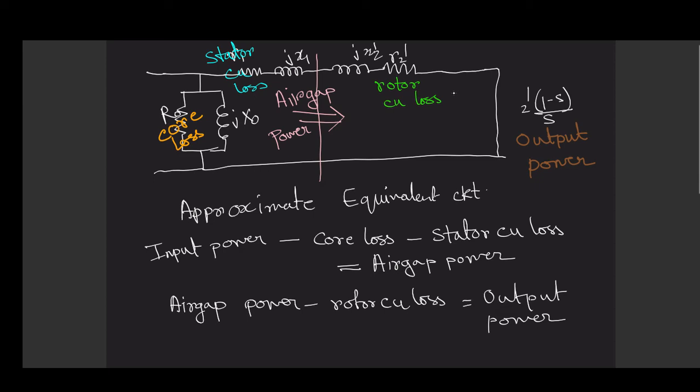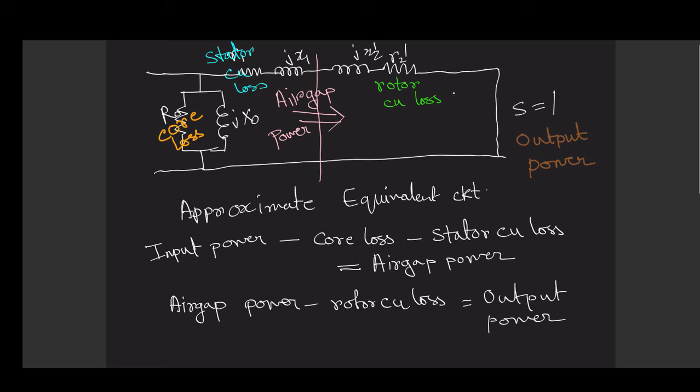So at start, if you go for normal starting, you are going to apply full voltage on a short circuited secondary transformer. So you can imagine the amount of current that would be drawn.